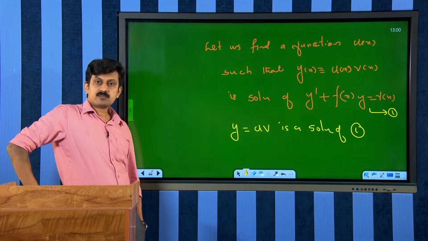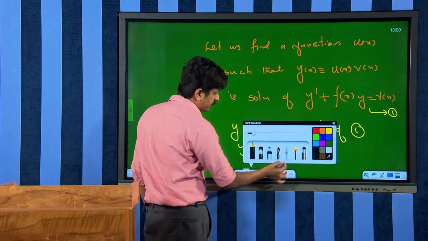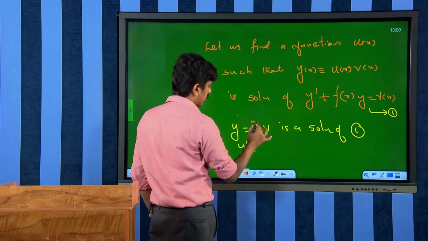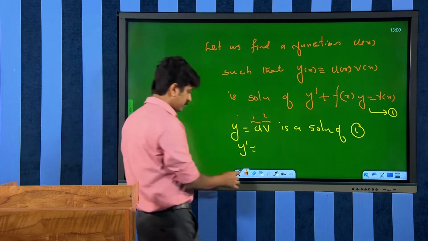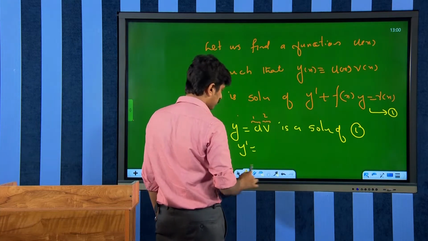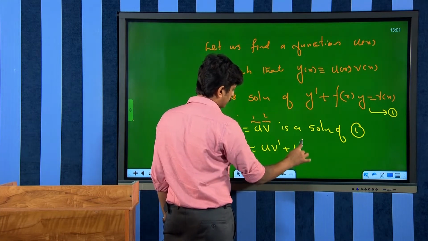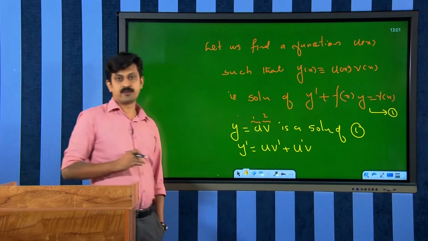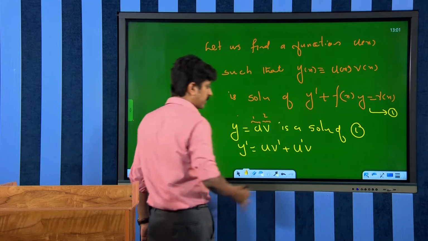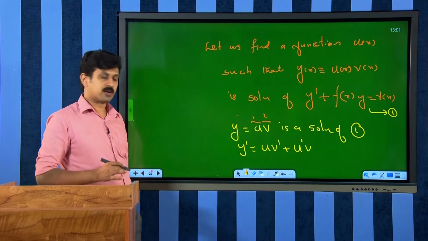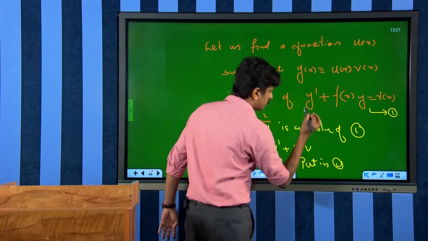We can consider u as the first function and v as the second function. So y dash is equal to u v dash plus u dash v. We can put this in equation 1.